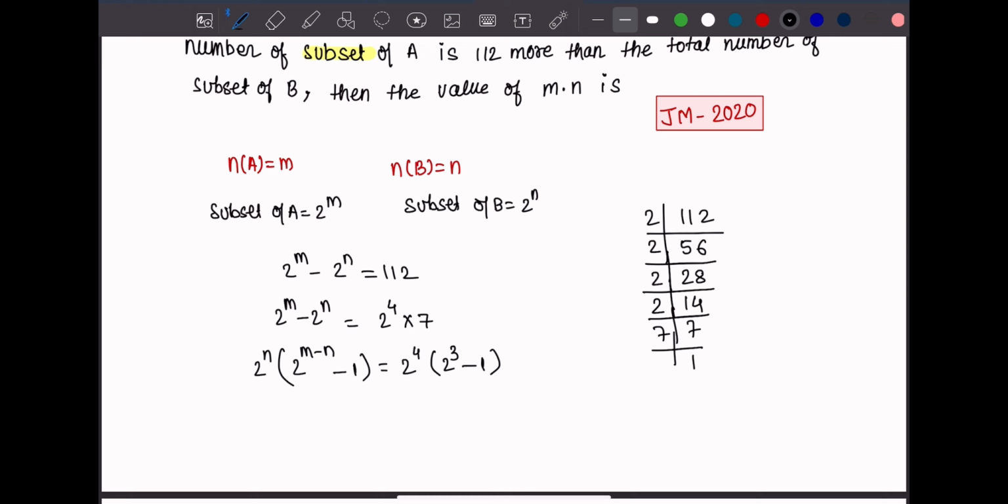Same format, so by comparing both sides, n is equal to 4 and m minus n is equal to 3, which means m is equal to 7. The m value is 7 and the n value is 4. They are asking for m multiplied by n, which is 7 times 4 is 28. So 28 is our correct answer for this question.